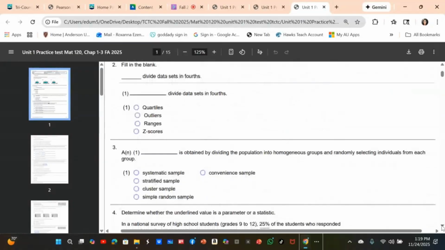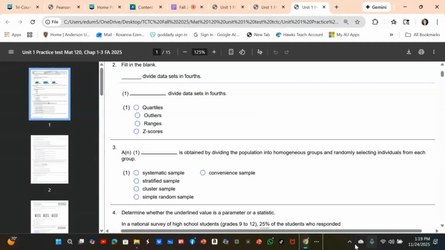Okay, number 2 says fill in the blank. Blank divides data into fourths. What is that? What is it that divides data into fourths? Is it the quartiles? Is it the outlier? Is it the range? Is it the z-score?